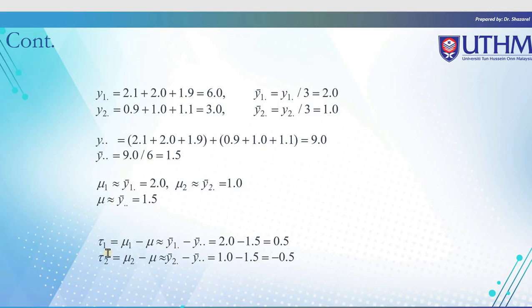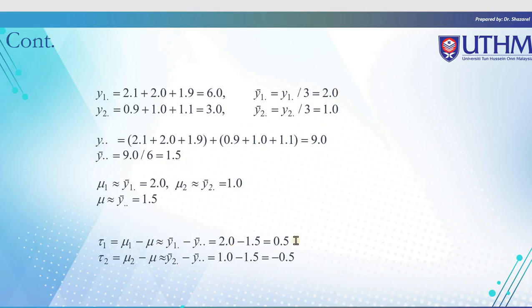Then we can see the effect for each level. Tau 1, which represents the effect of the first level, we calculate by taking the difference between the first level average and the overall average. Here the first level mean is 2, and we subtract the overall average of the observations.